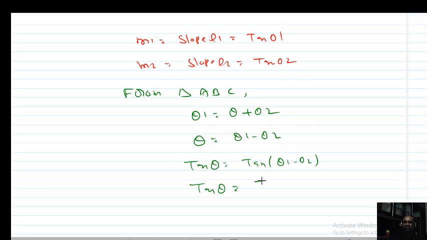Tan theta equals tan of A minus B, which is tan A minus tan B by 1 plus tan A into tan B. Students, observe? Tan theta equals M1 minus M2 by 1 plus M1 into M2.